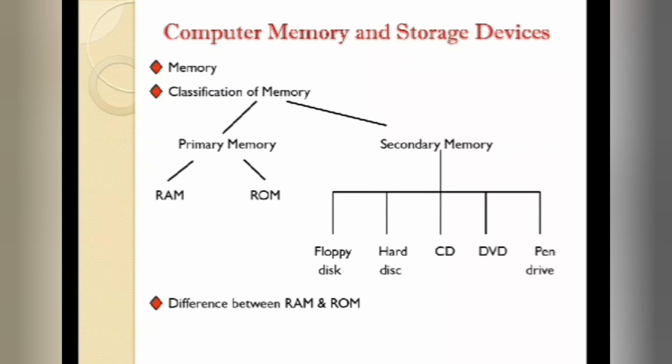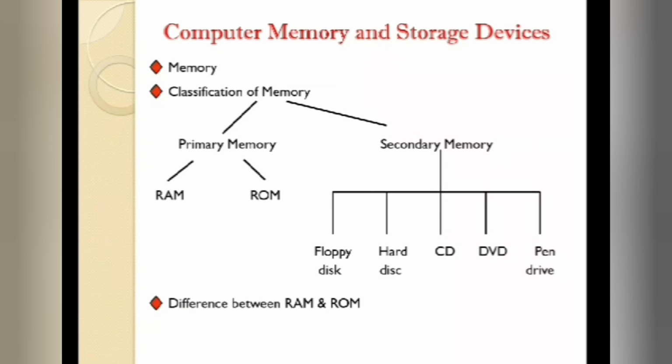ROM is called non-volatile memory because it does not lose the data even if the power is off. In RAM, we can read the data, we can write the data, we can modify the data. But in ROM, we can read the data only. We cannot write anything on it, and also we cannot do any modifications on it. So these are all the differences between RAM and ROM.